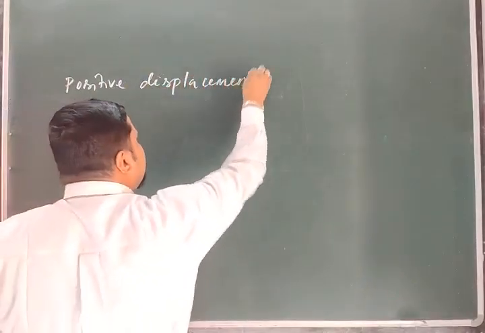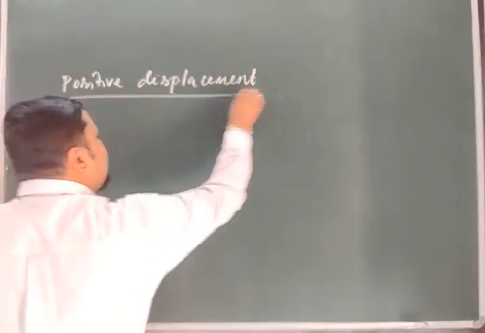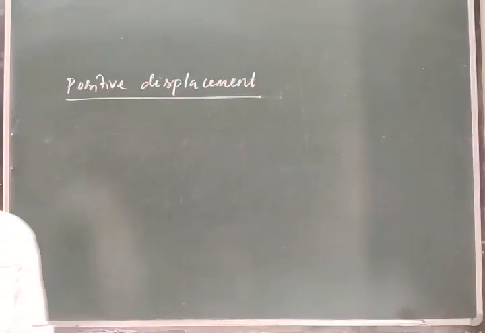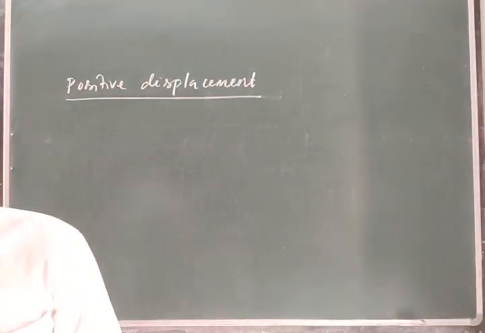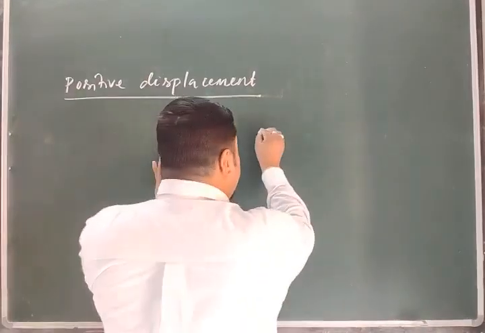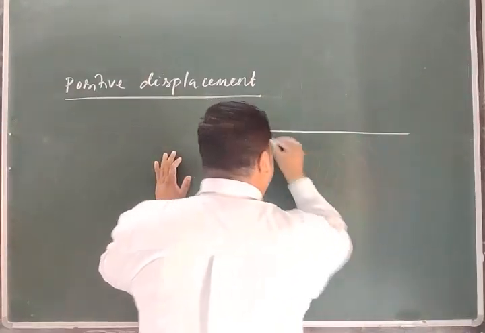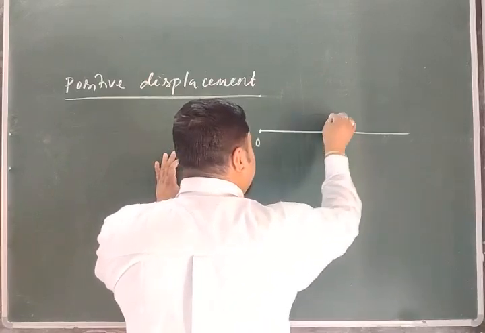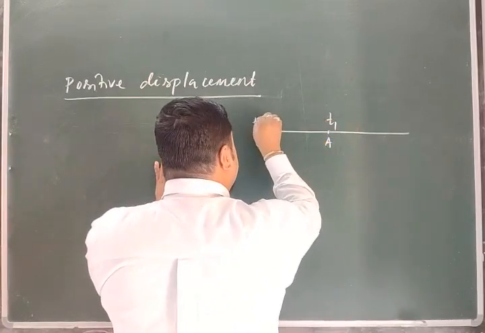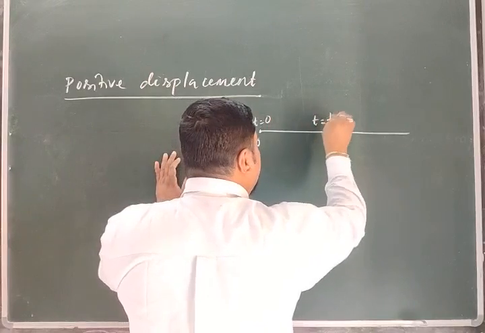What is this positive displacement? If you go through the same example, a particle in a time interval starts from t equal to 0 to t equal to t1.